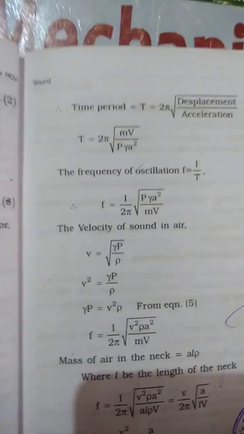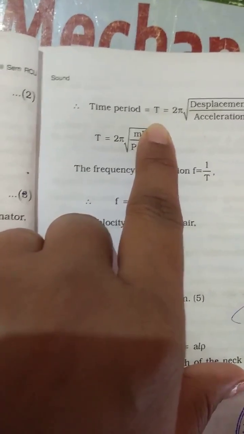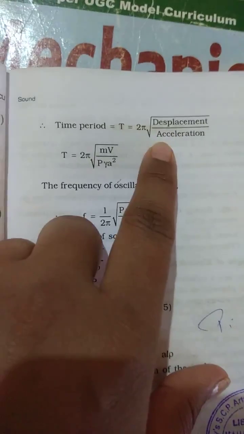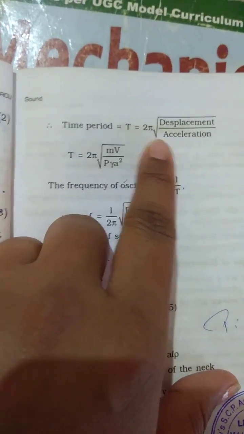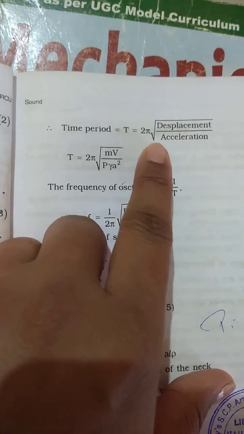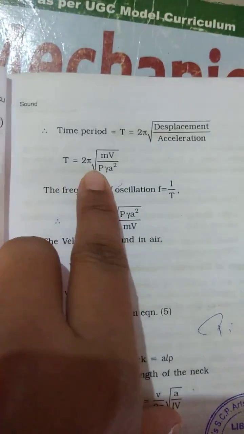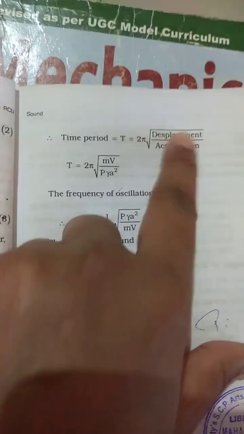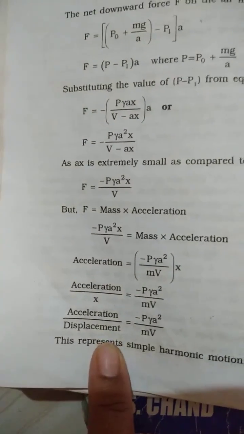Next we will take the equation of time period. Time period is represented by the letter T. So T equal to, we know this equation from BSc first semester, that is T equal to 2 pi root of displacement divided by acceleration. So that is T equal to 2 pi. We know this equation by this equation, that is acceleration divided by displacement.